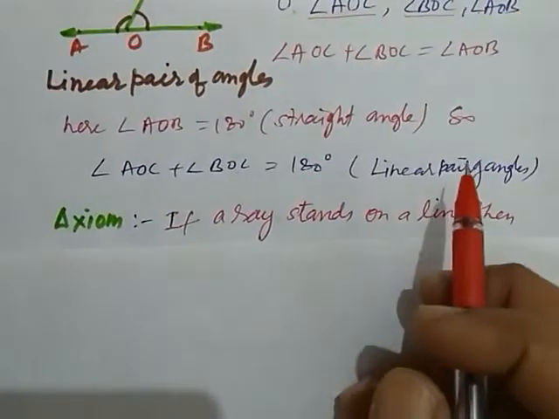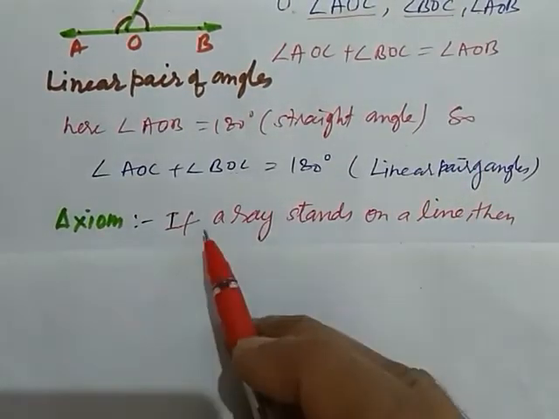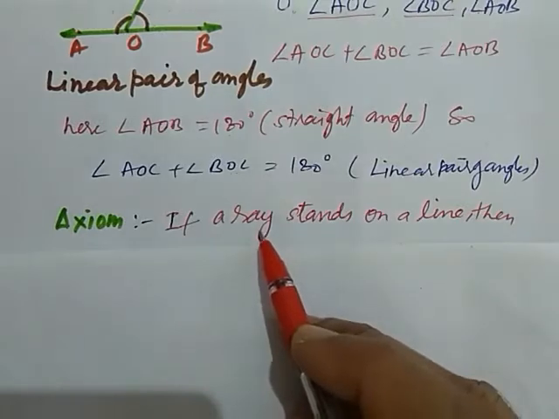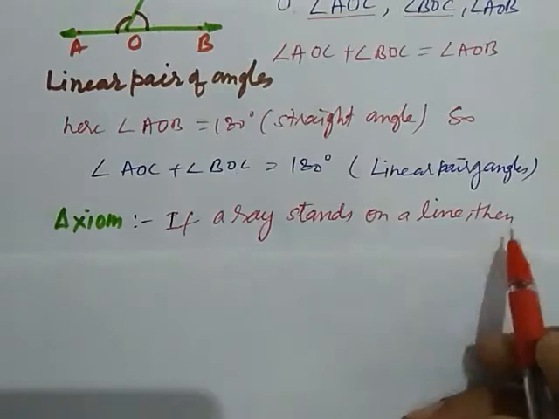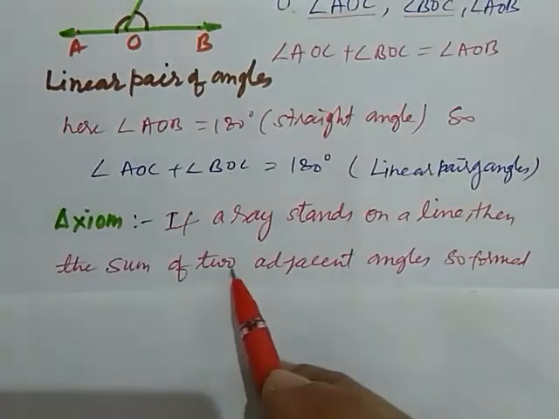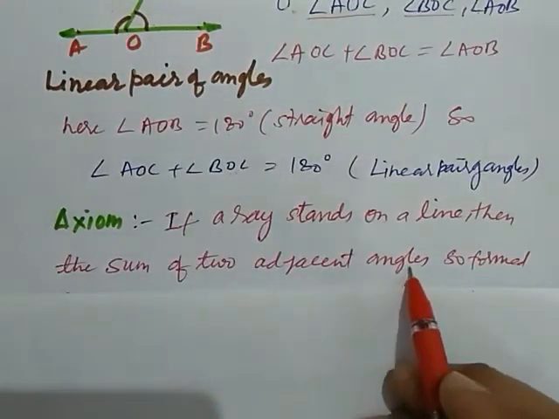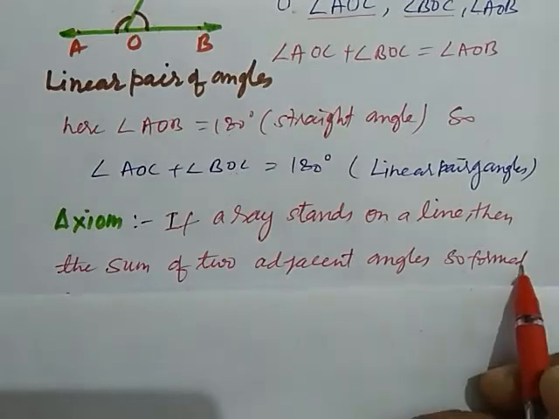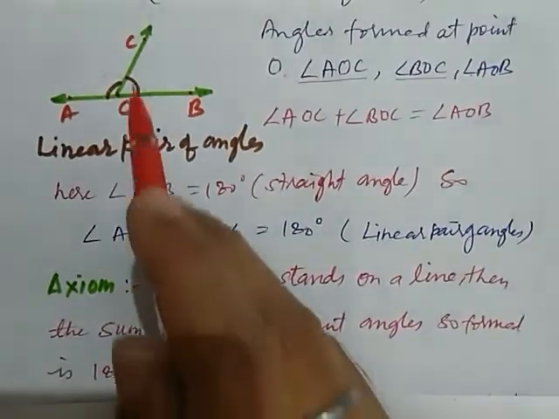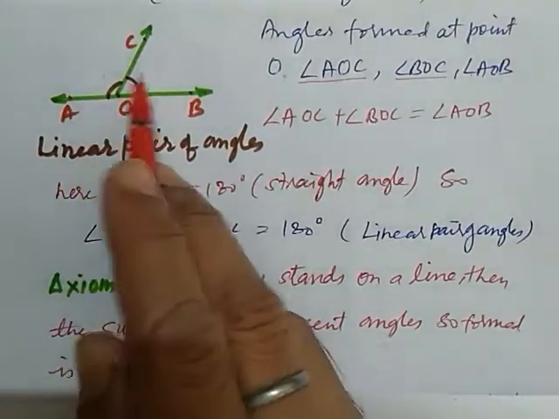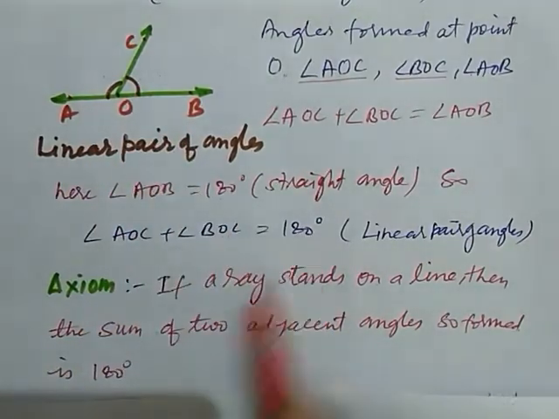Now we learn the axiom. If a ray stands on a line, then the sum of the two adjacent angles so formed is 180 degrees, as here. The sum of these two angles is 180.